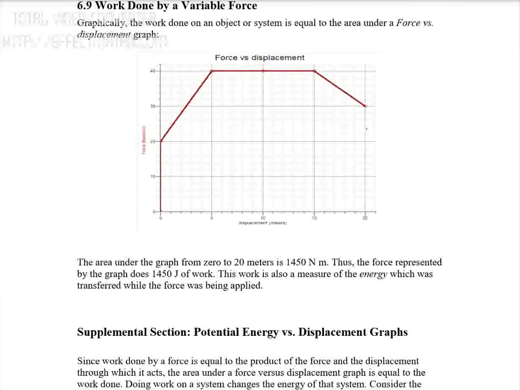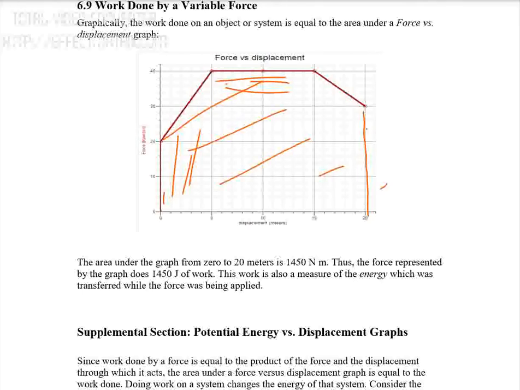For example, this is the area of the graph. You must use this area to determine the work done. Therefore, the work done is the area under the graph.